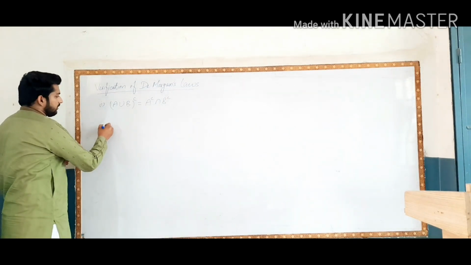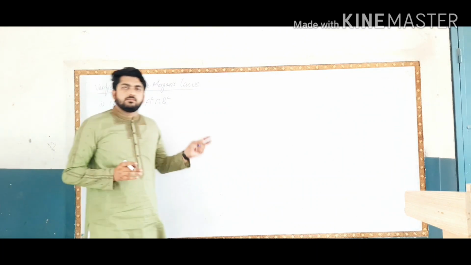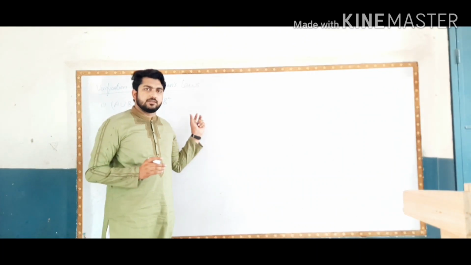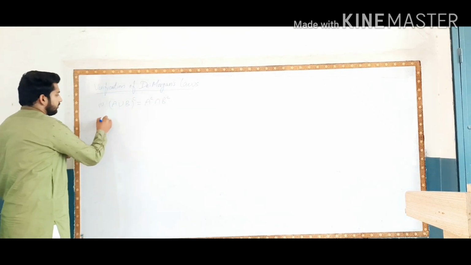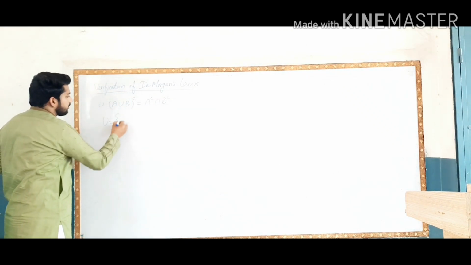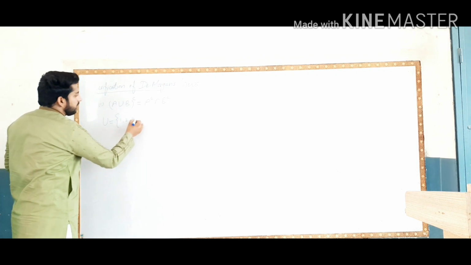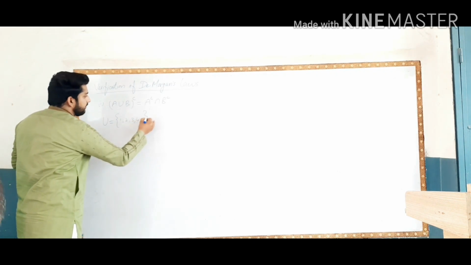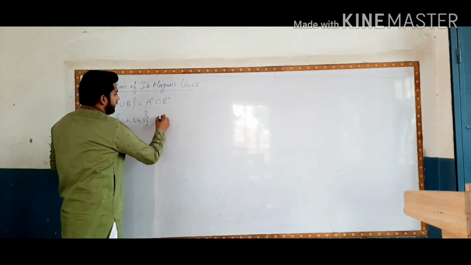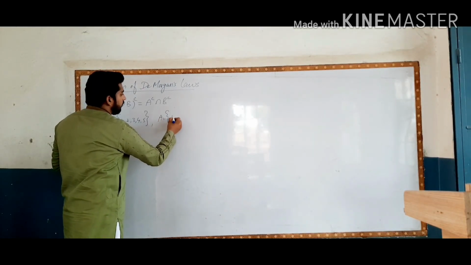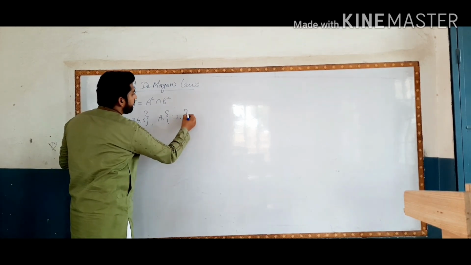First of all, I again rewrite the sets of this law: A, B and U. The universal set is 1, 2, 3, 4, 5. Set A is 1, 2, 5.